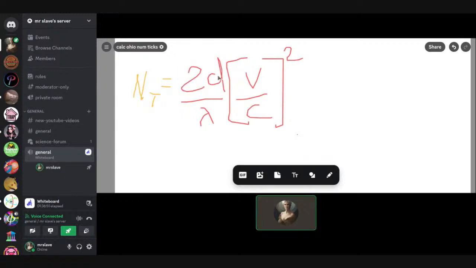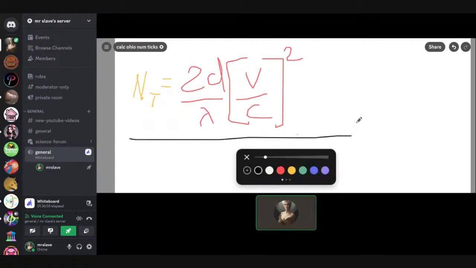So 2D, so let's assume some number. So this is equal to 2, let's say D is 100 meters. Lambda is 0.65, so it's 650 nanometers.